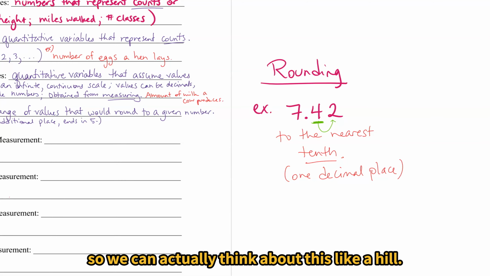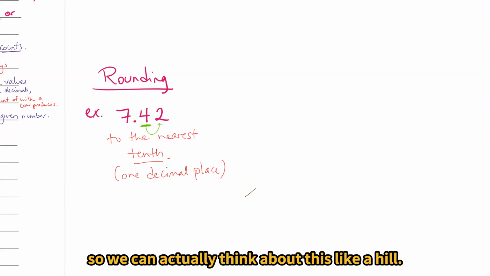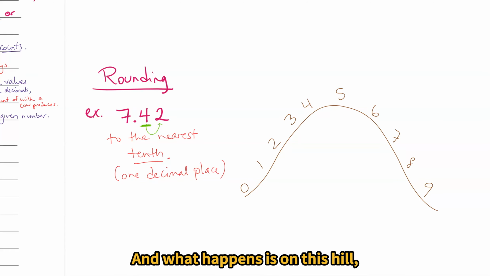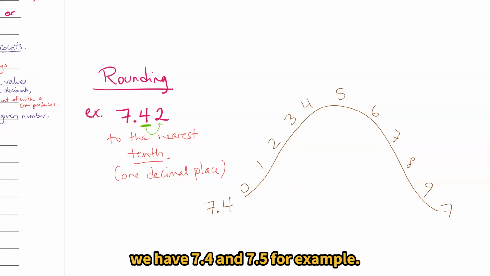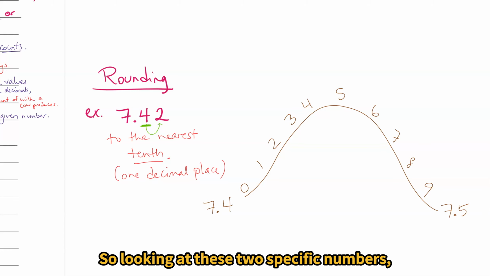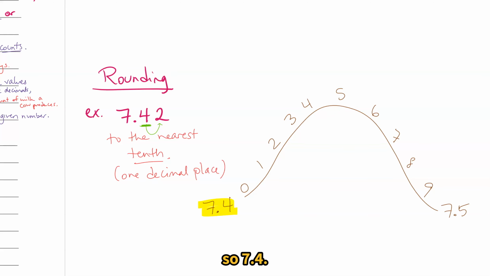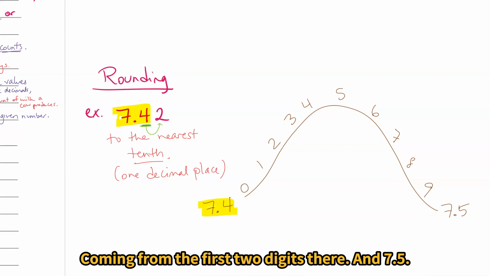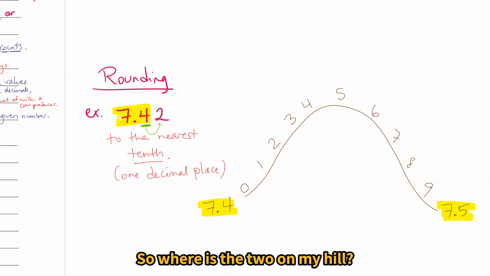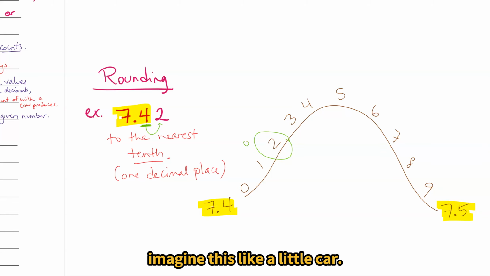So we can actually think about this like a hill. And what happens is on this hill, we have 7.4 and 7.5, for example. So looking at these two specific numbers, so 7.4 coming from the first 2 digits there, and 7.5. So where is the 2 on my hill? The 2 is here. Imagine this like a little car.